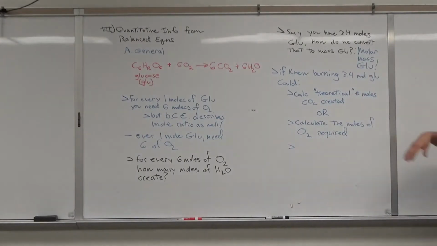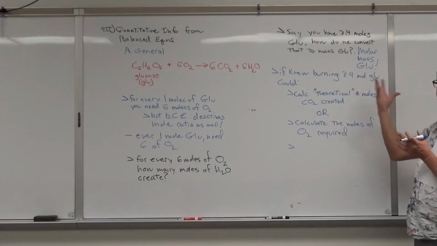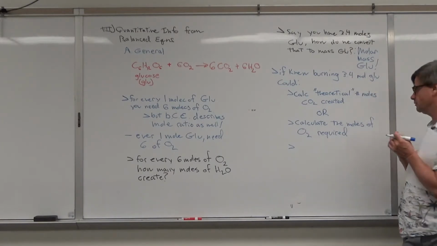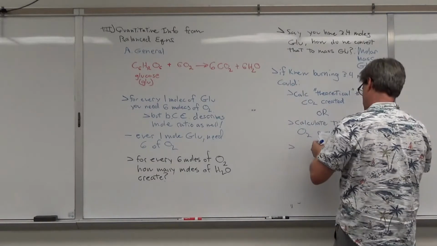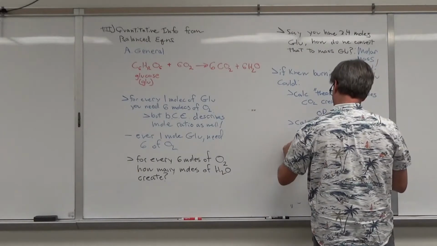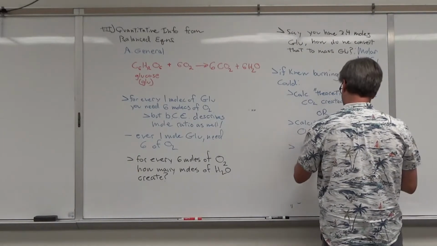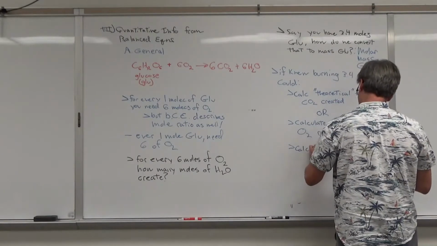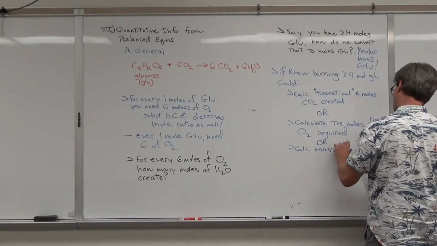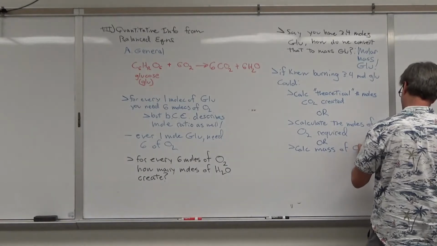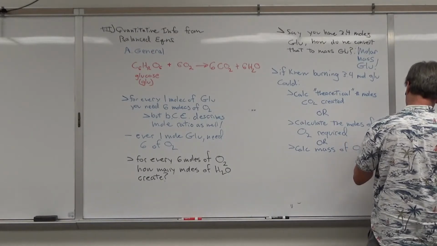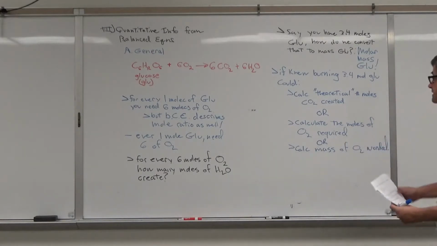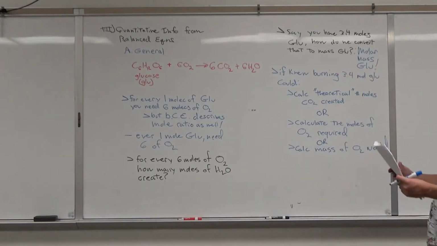Right, so you know that you're burning 3.4, how many moles of oxygen are we going to need? You can use that ratio there. You could also calculate the mass of oxygen needed. And these are the kinds of things that we will often do with those balanced chemical equations.